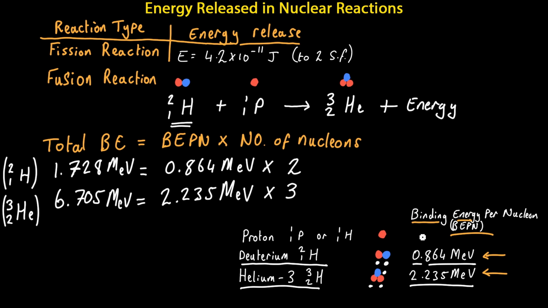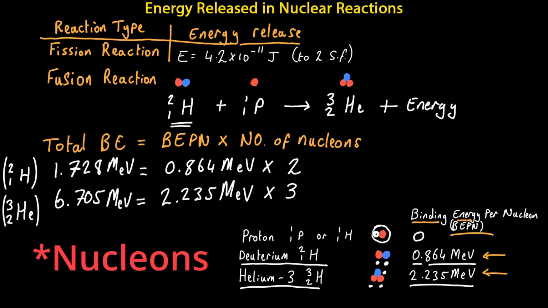For the proton, the binding energy per nucleon is 0, and we've left this out here for this reason. This single proton is not bound to any other neutrons, and therefore there are no bonds to break. Because there are no nucleons to separate out here, there is no energy required to separate anything. So the total binding energy for the proton would be 0.